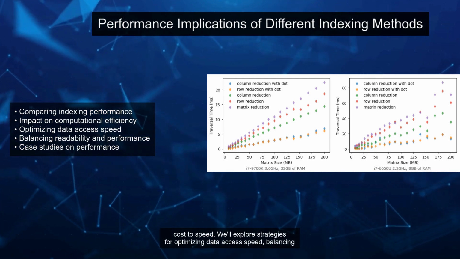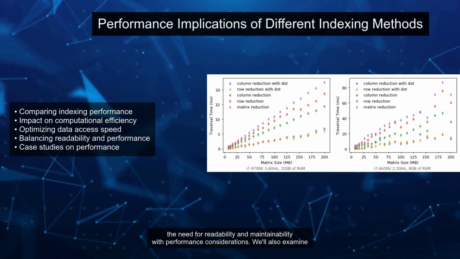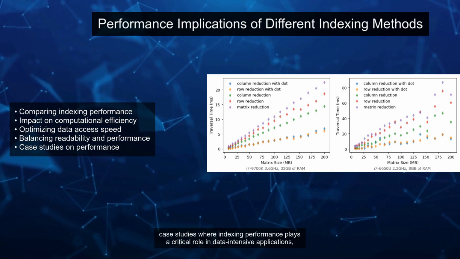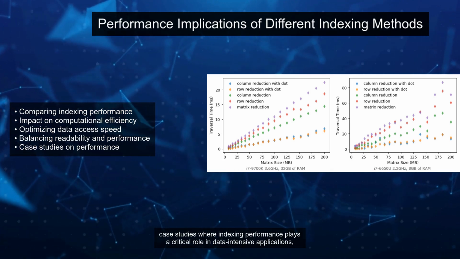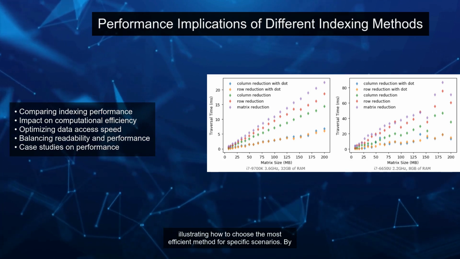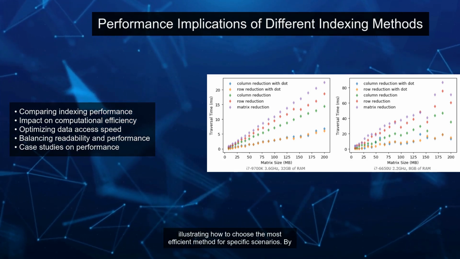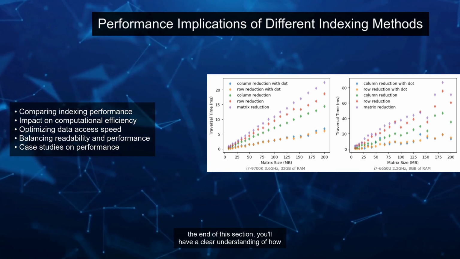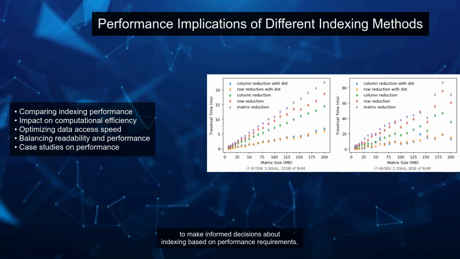We'll explore strategies for optimizing data access speed, balancing the need for readability and maintainability with performance considerations. We'll also examine case studies where indexing performance plays a critical role in data-intensive applications, illustrating how to choose the most efficient method for specific scenarios. By the end of this section, you'll have a clear understanding of how to make informed decisions about indexing based on performance requirements.